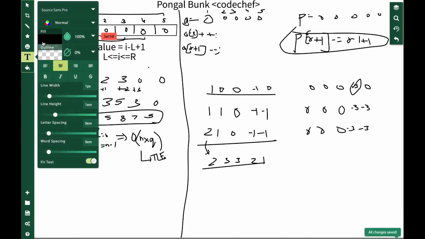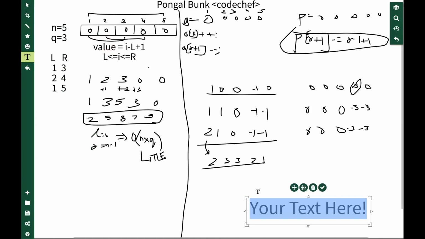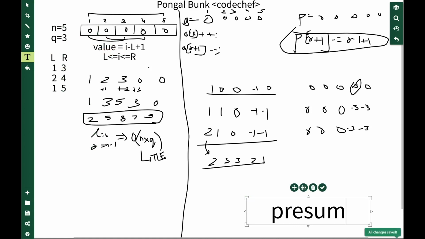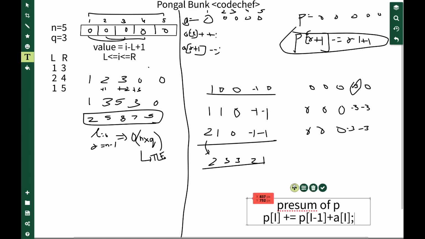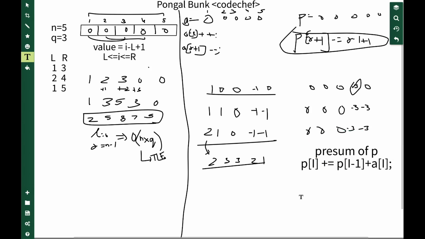And then we'll find the presum of p. Alright, and how will we find the presum of p? It will be p[i] plus equals to p[i minus 1], that is its previous element, plus a[i]. So that's how we are going to take the presum of p.